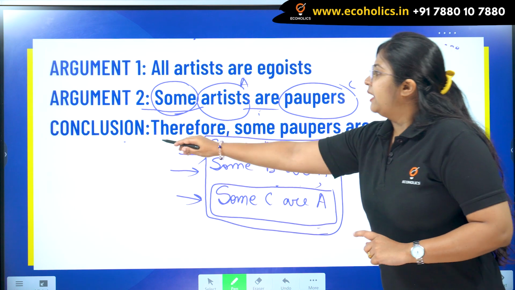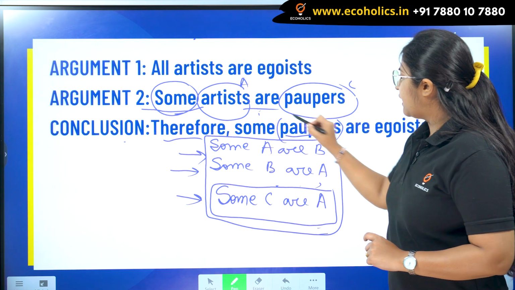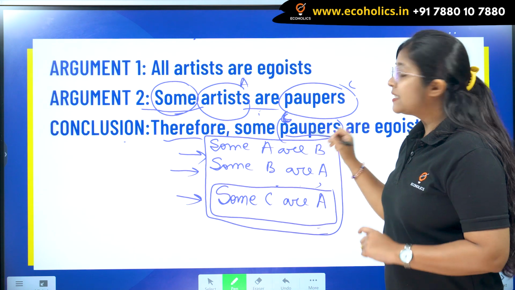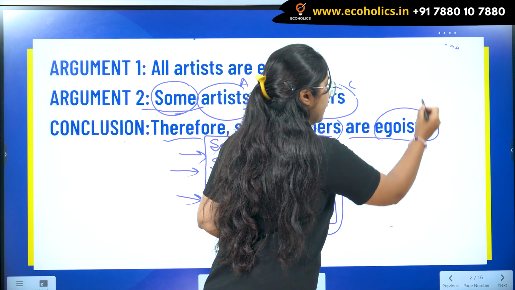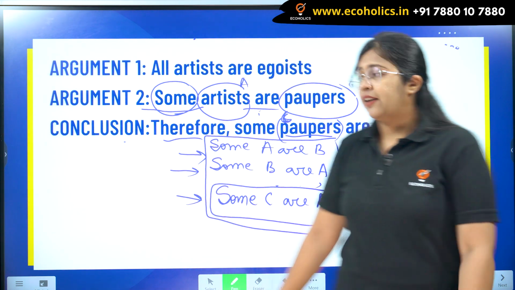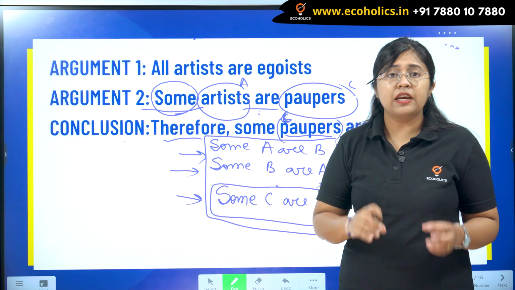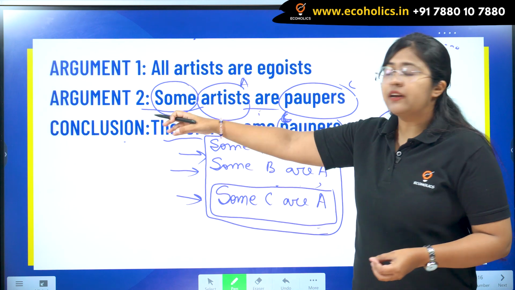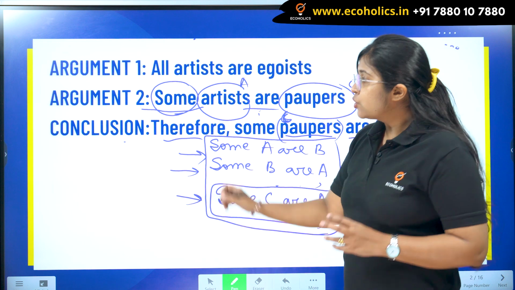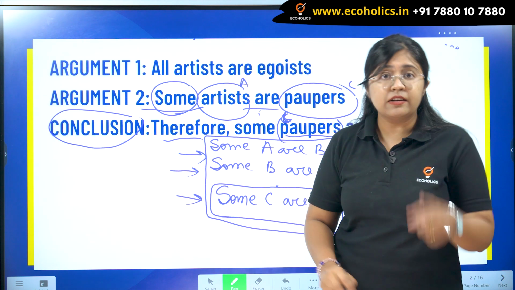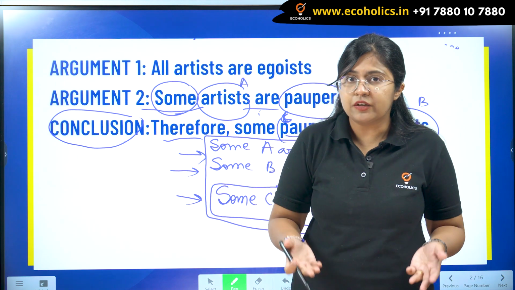So let's read. Therefore, some paupers are egoists, that is, some C are B. Some C are B will not be found in a valid way anywhere after the two arguments were used to derive a conclusion. So this conclusion has a fallacy. What is the type of the fallacy? We will come to know in our future videos.